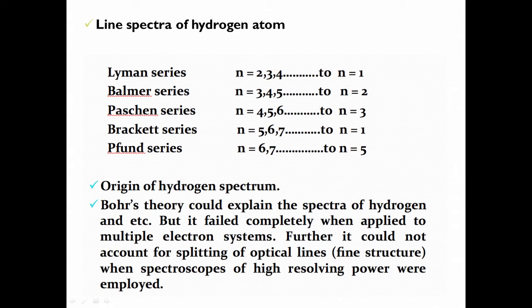Here, all the electrons are in the ground floor, that is n = 1. From n = 1, the electron may be transferred to n = 2, n = 3, n = 4, like that. So, all the lines originating from n = 1 are known as the Lyman series.